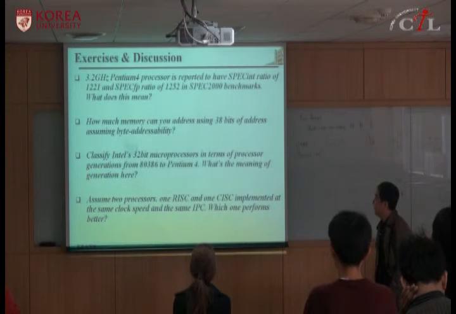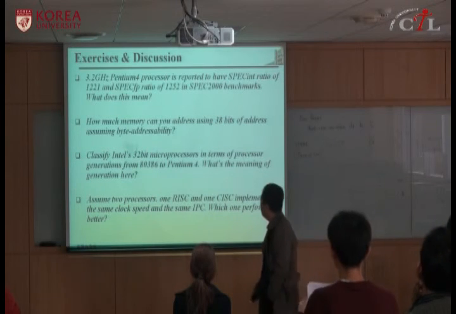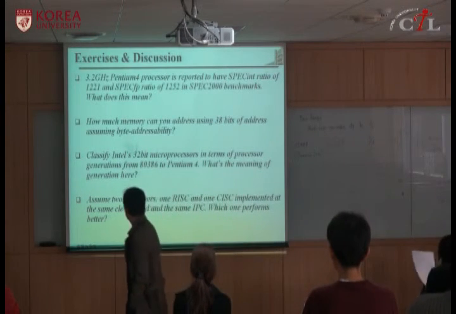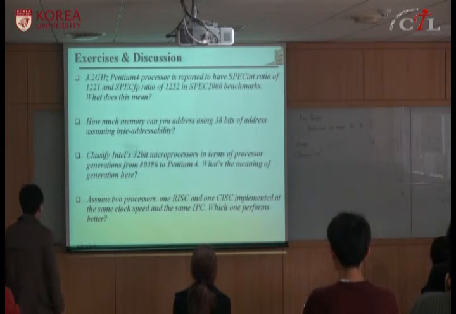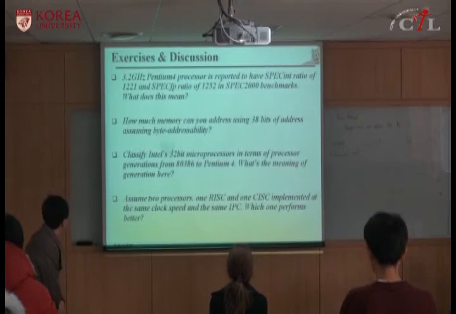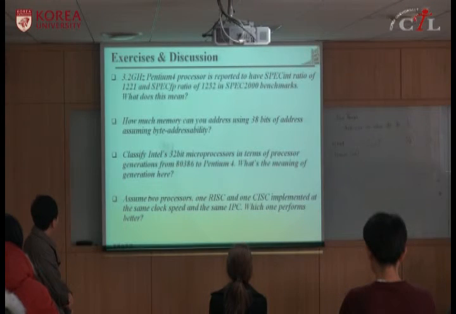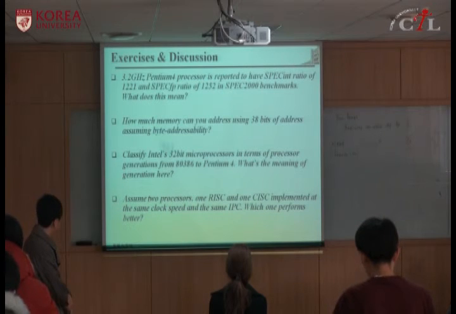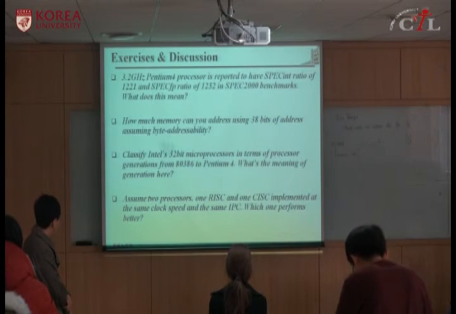Okay, exercise: a 3.2 GHz Pentium 4 processor is reported to have a spec ratio of 1221 for integer and 1252 for floating point. What does this mean?